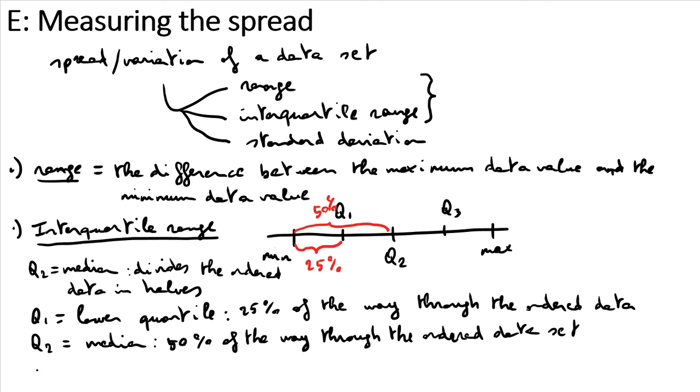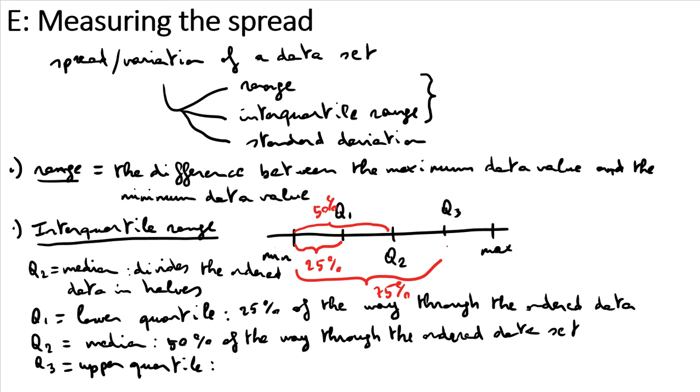And we have Q3, which we call the upper quartile. And in that case, 75% of all values are lower than the upper quartile.